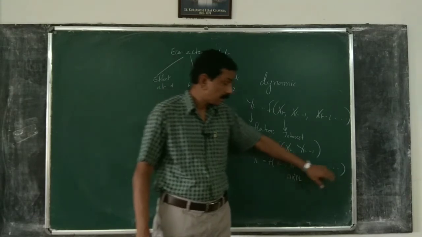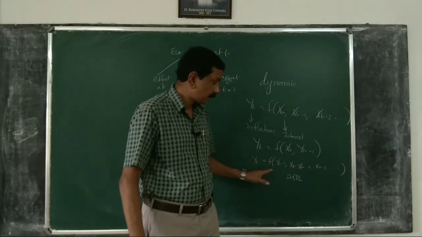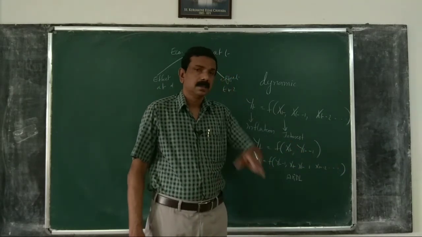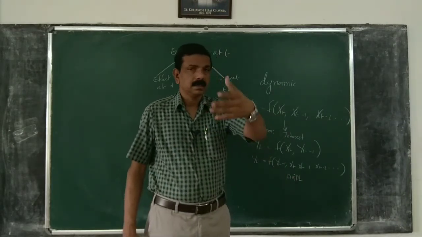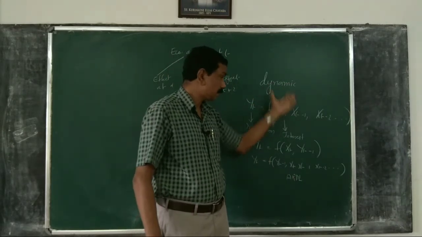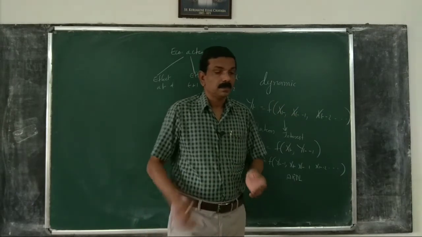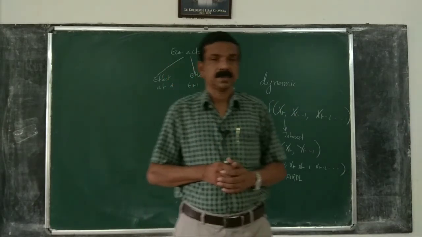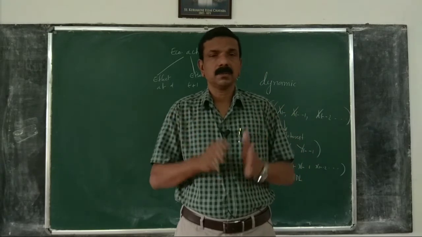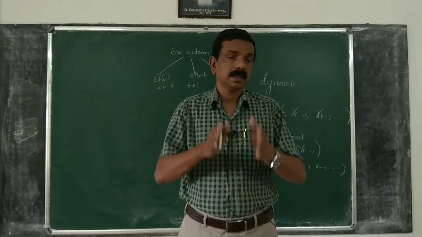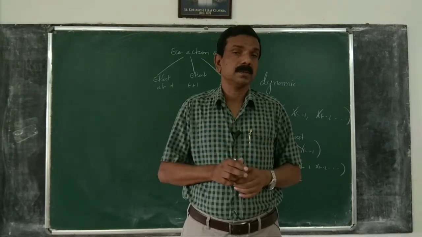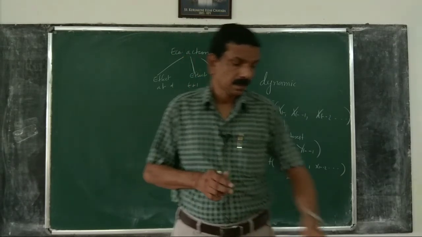Such models are extensively used in time series analysis, and we will see such models in detail later. So these are the three ways in which we model dynamic relationships. One is distributed lag models, second is autoregressive models, third is autoregressive distributed lag models.